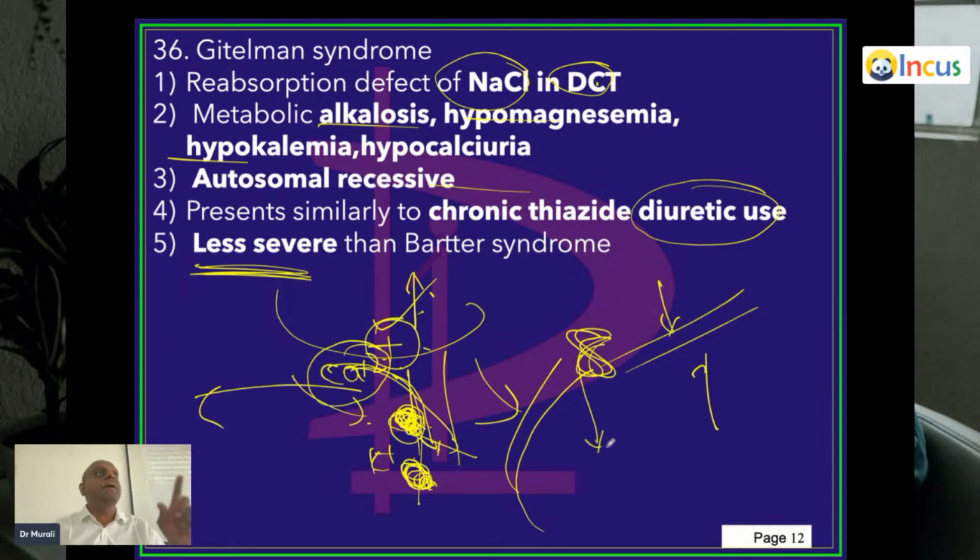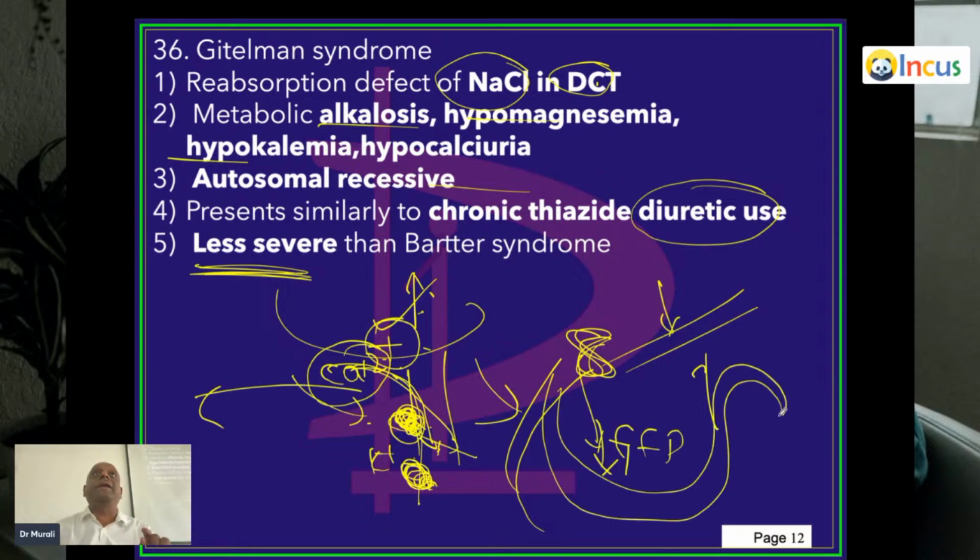That will diminish the glomerular filtration and decrease the GFR. The moment GFR is decreased, the speed of the flow of the tubular fluid becomes diminished, sluggishly flowing.